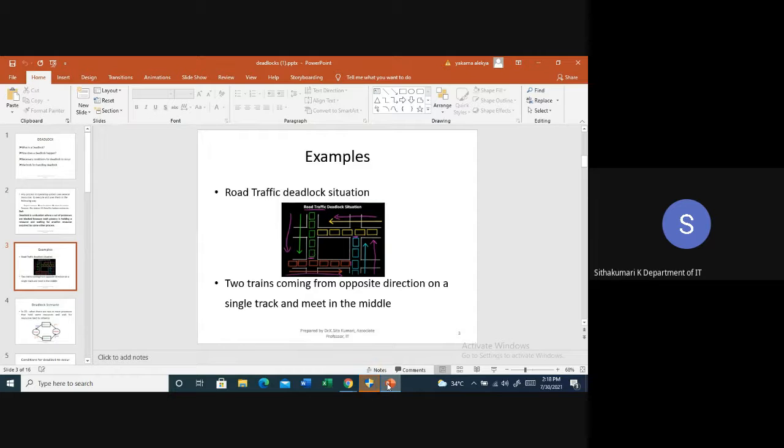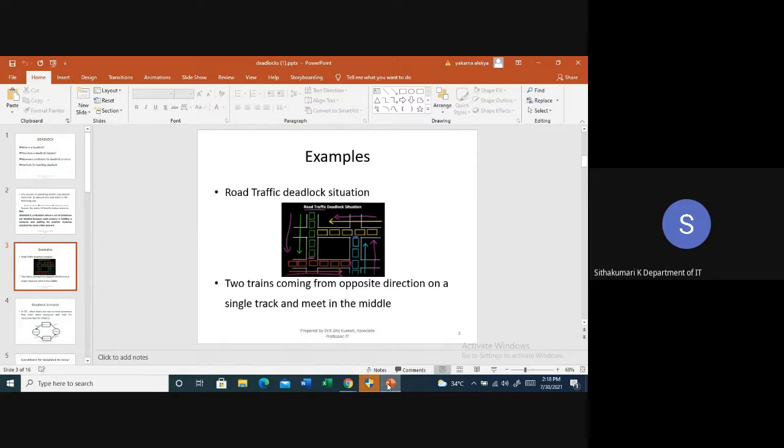Green cars are coming from top to bottom, red cars are going in this direction, and blue cars are going from bottom to top. The white lines can be considered as the road.